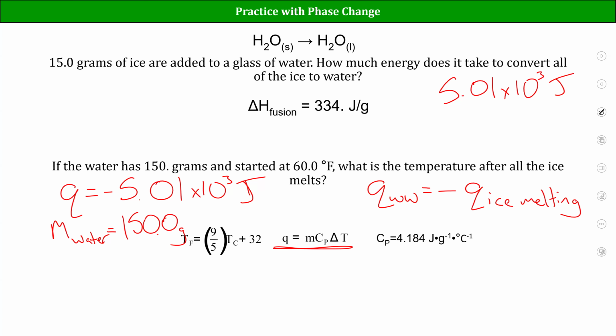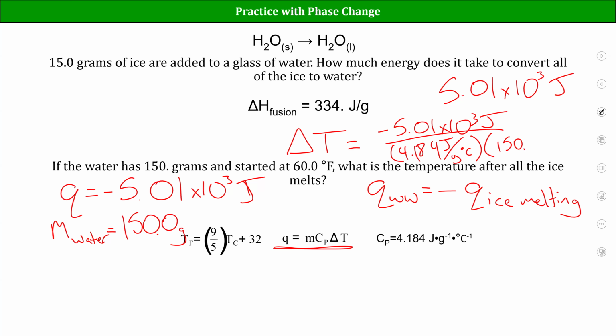Solve for delta T. Something like 6 Celsius.